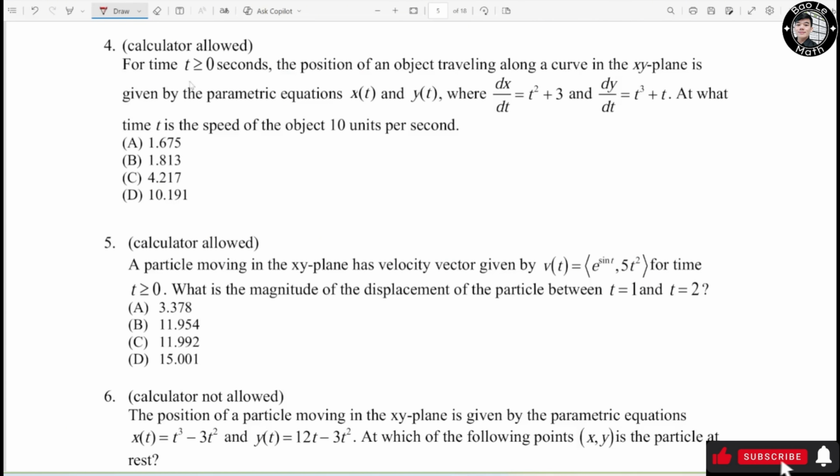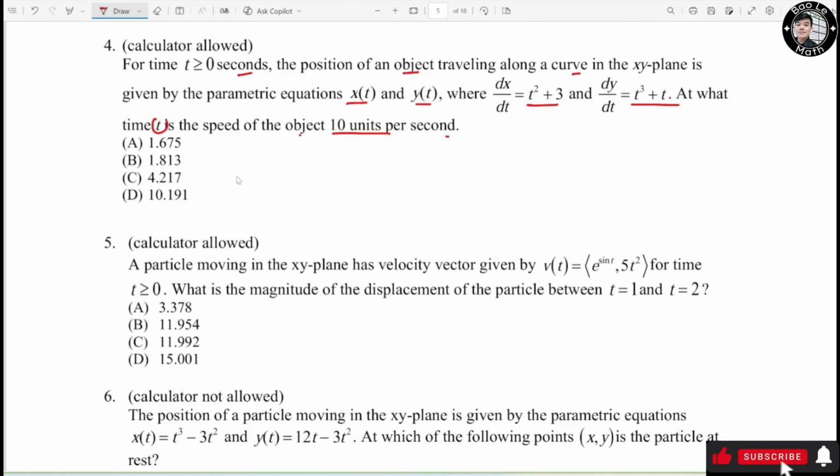Question 4. For time t greater than or equal to 0 seconds, the position of an object traveling along a curve in the xy plane is given by the parametric equations s of t, y of t, where ds over dt equals t squared plus 3, dy over dt equals t cubed plus t. At what time t is the speed of the object 10 units per second?